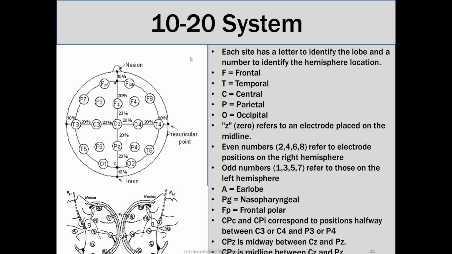The 10-20 system is kind of a dead giveaway. It's either going to be 10% or 20% from each position to each position. If you're only going to half-way memorize this stuff, I would memorize the 10%, which is also easy because it's out on the periphery here where everything else is 10%.